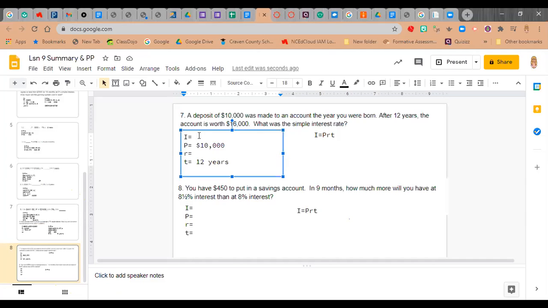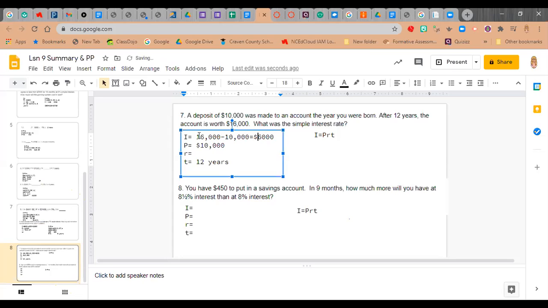That's the whole account. Your account is made up of the principal plus the interest. So I have to take the principal out of that to find out how much is interest. So how much interest did they earn? $6,000.